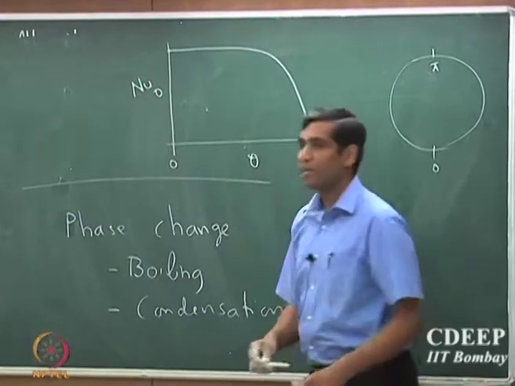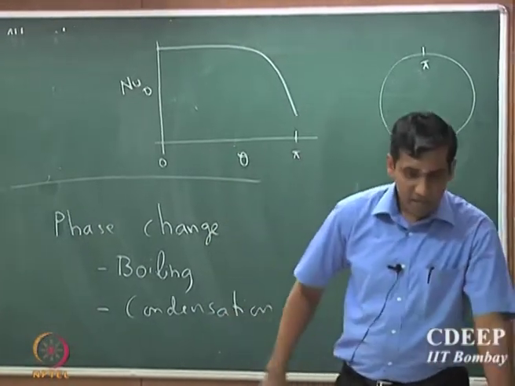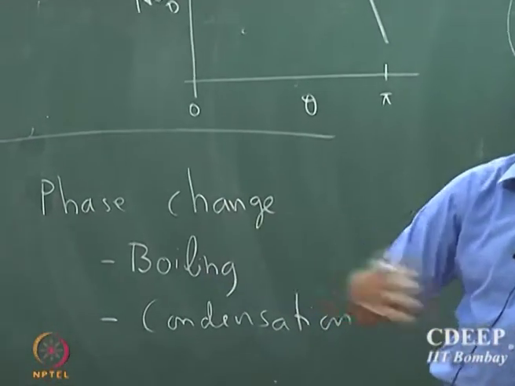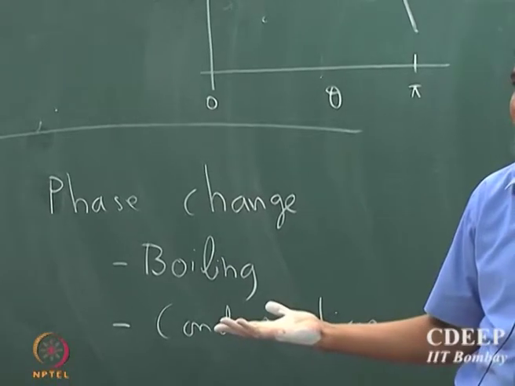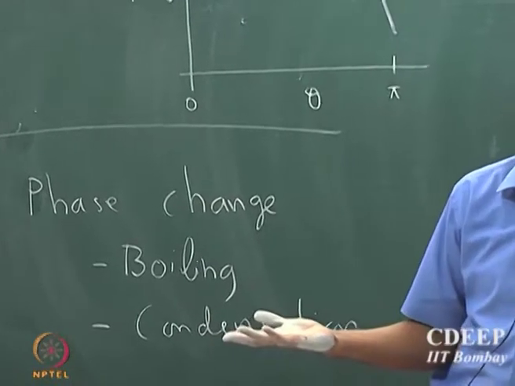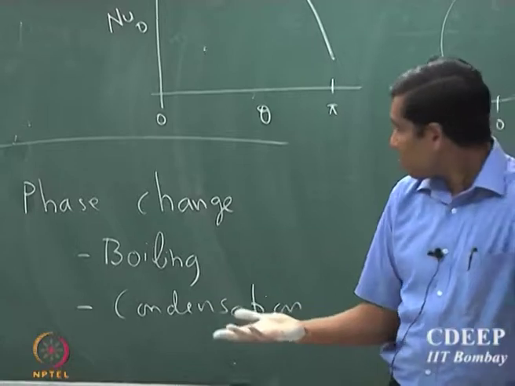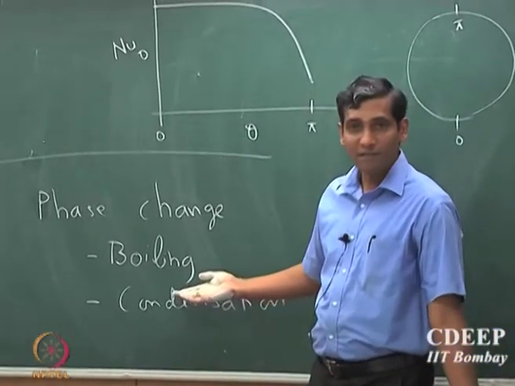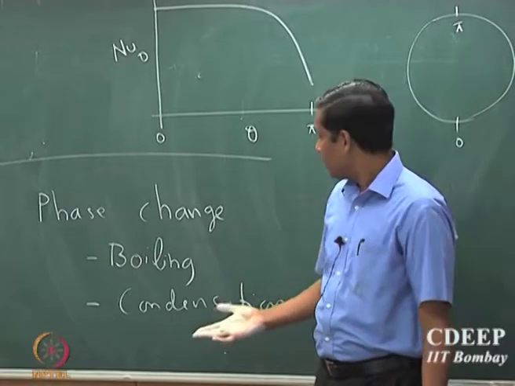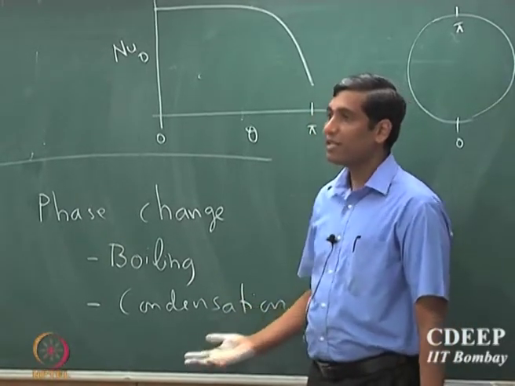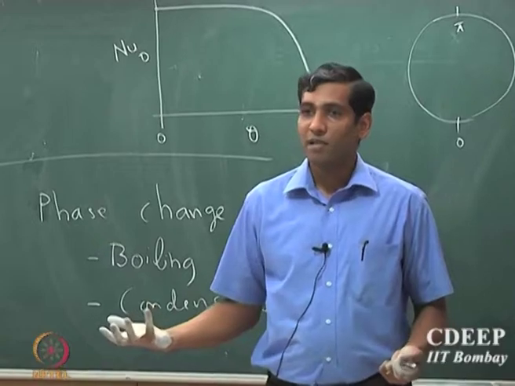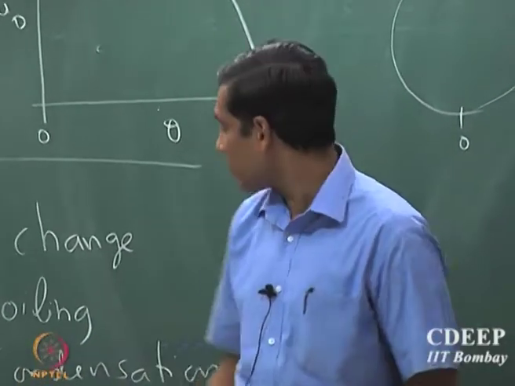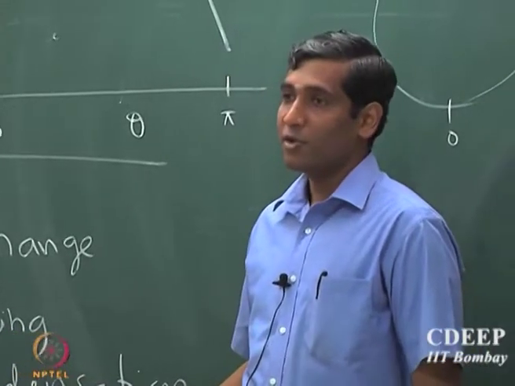These two play an important role from an industry point of view, because there is always steam flowing in different locations, in different pipelines in a process industry. You will always see that at some location a fluid is being boiled because of heat transport, and in some location the heat that is carried by the steam is transported to another fluid through a heat exchanger, where the steam is condensing.